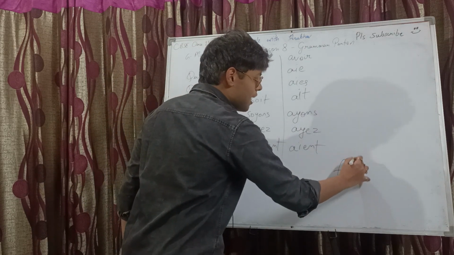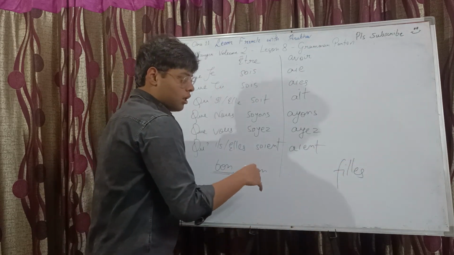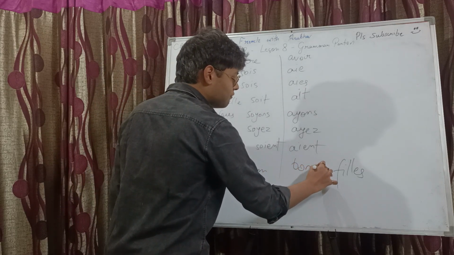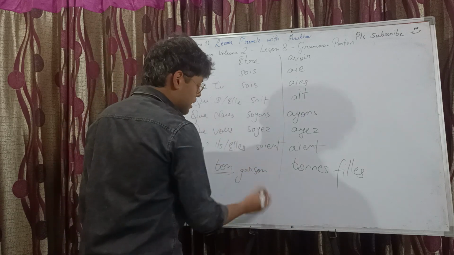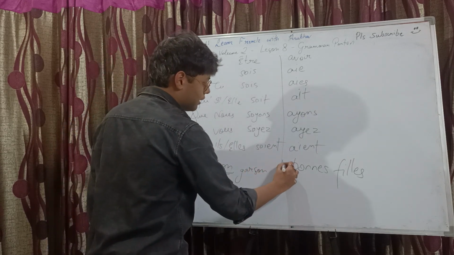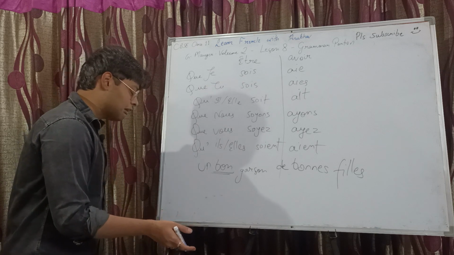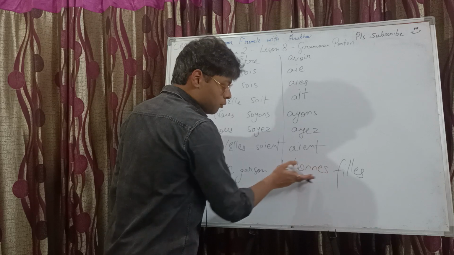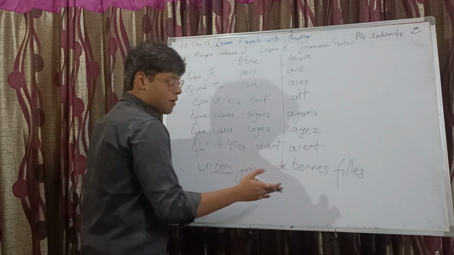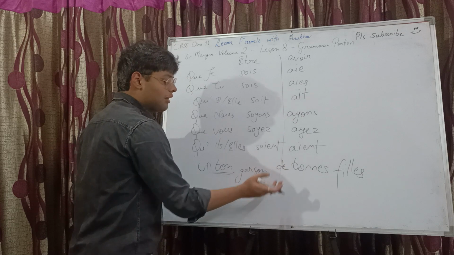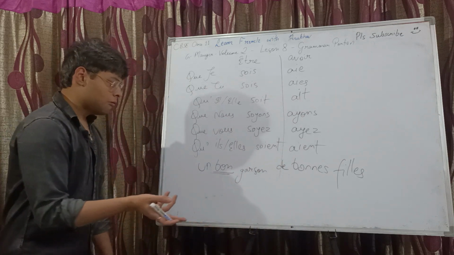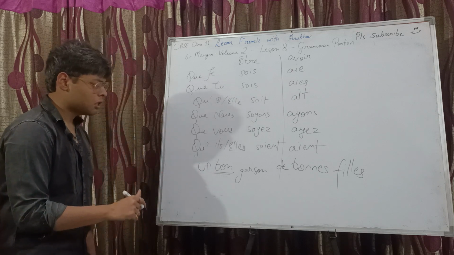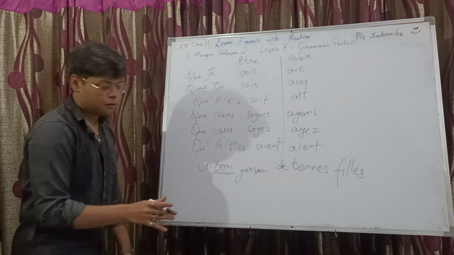So if we have fille, feminine singular, girl, we will have the adjective in feminine singular as well. It's a rule in the articles that if a plural adjective comes before the noun, then we don't write des, we write de. It's a very common rule which is taught in 6th or 7th, I suppose. So, un bon garçon, de bonnes filles.